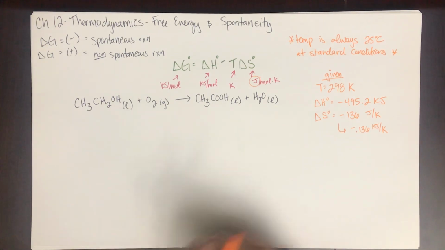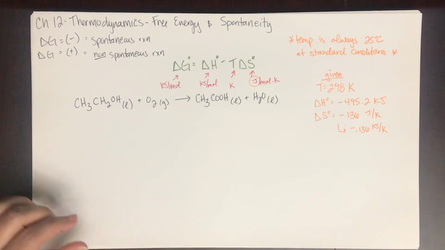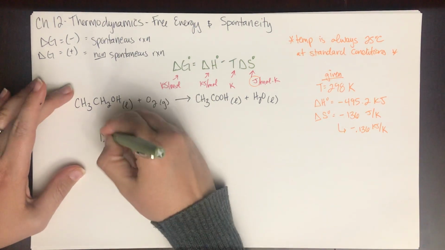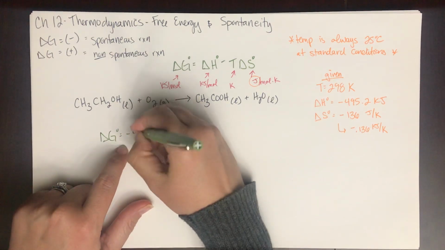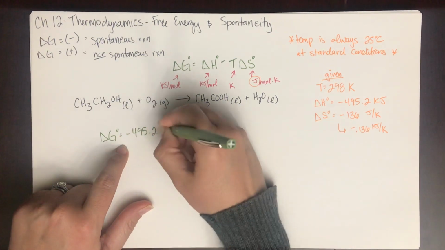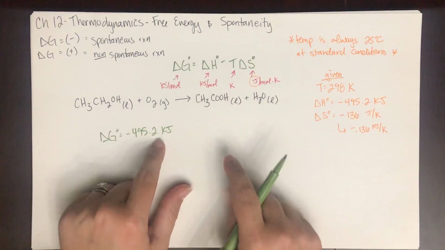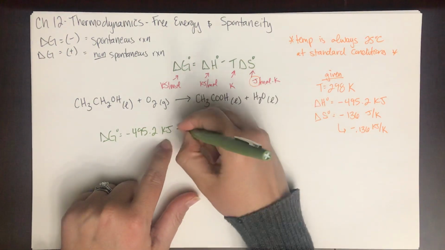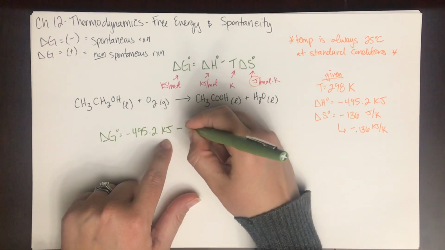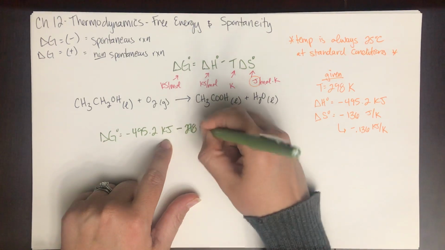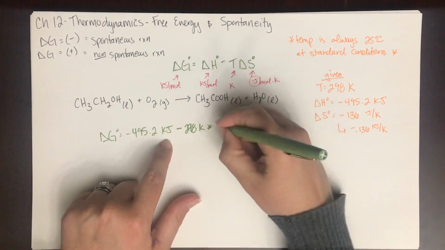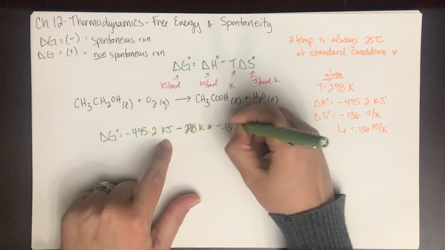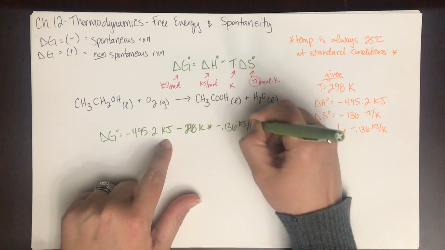Okay, so I'm just going to plug it all in. Delta G equals delta H, negative 495.2 kilojoules, minus T, 298 Kelvin, times delta S, negative 0.136 kilojoules per Kelvin.